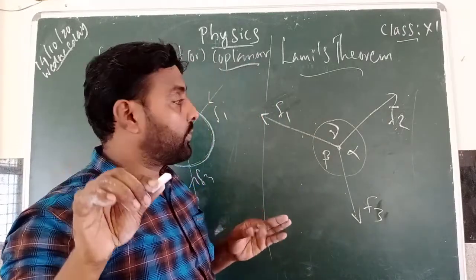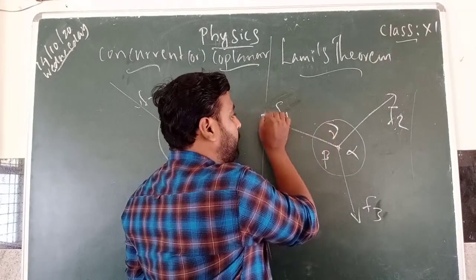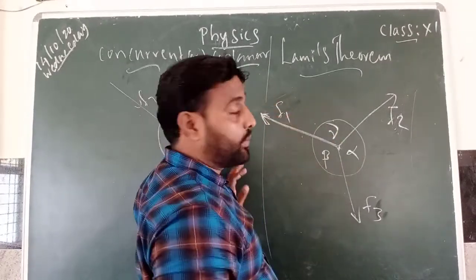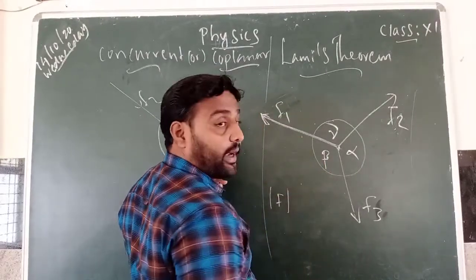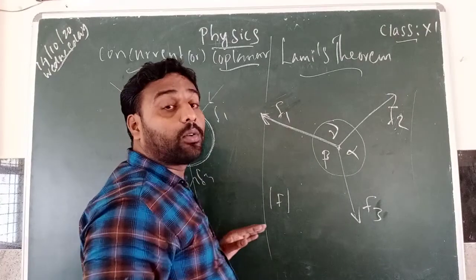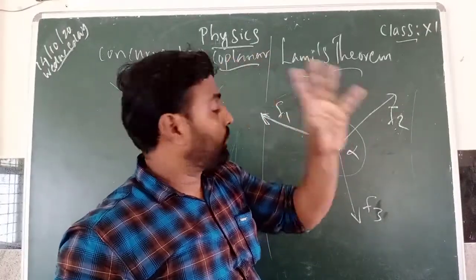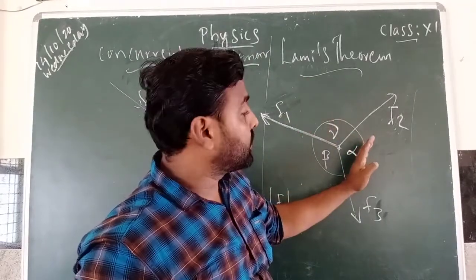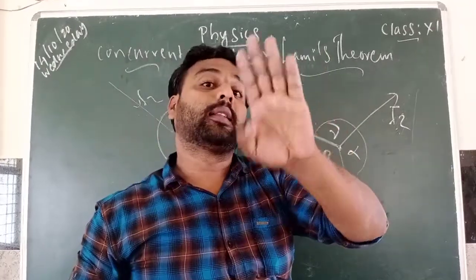The magnitude of each force. Suppose you want to find the magnitude of force 1. Lami is saying the magnitude of force 1 is directly proportional to the sine of the angle between the other 2 forces.